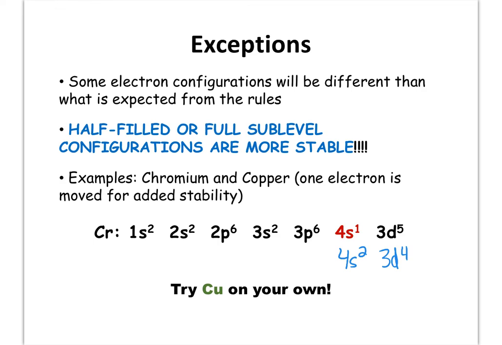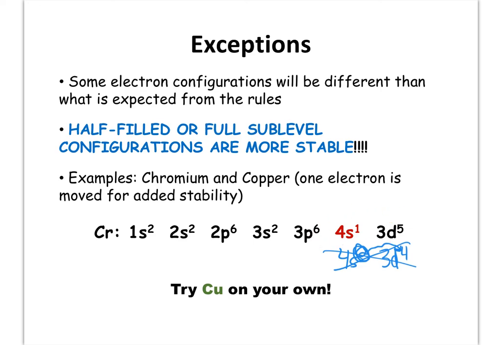That's what you would expect chromium to be. However, this is not what chromium does for its electron configuration. What it does is it actually borrows one from the 4s and puts it in the 3d. So this is not right. This is what it actually ends up doing.